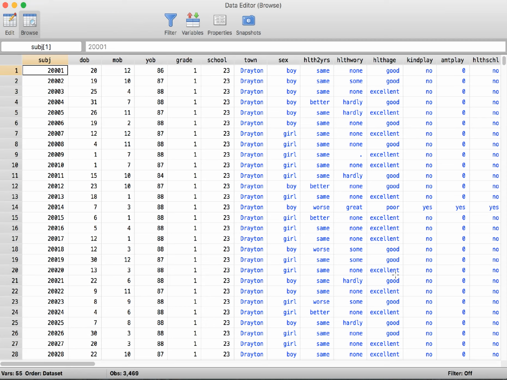So, just for illustration, here is what the data editor would look like in its browser form after the codes have been assigned the labels using those two scripts that I just showed you. The script that mainly was about constructing the labels for the codes and the assignment of missing values to the missing value codes in the original file.